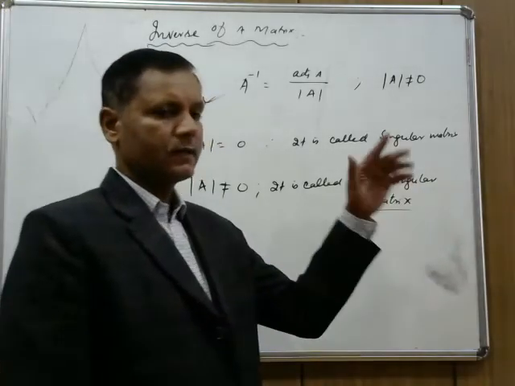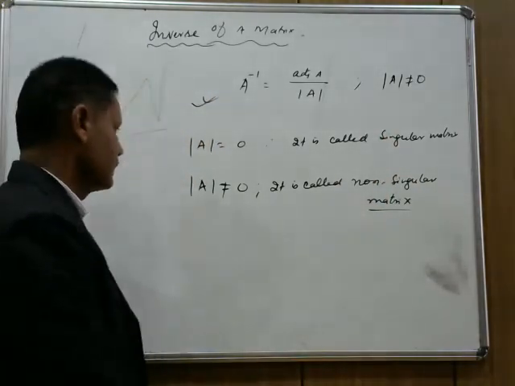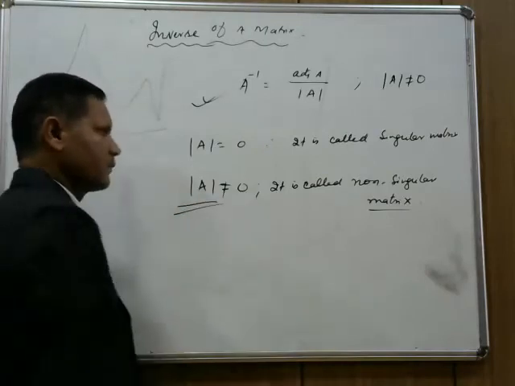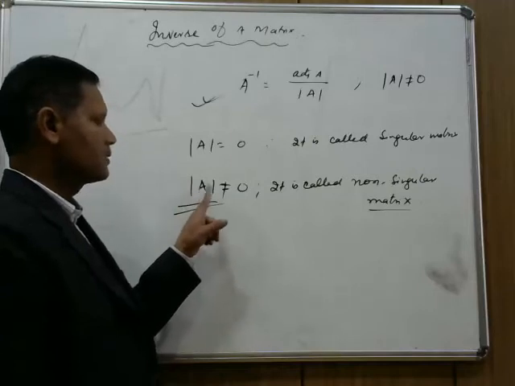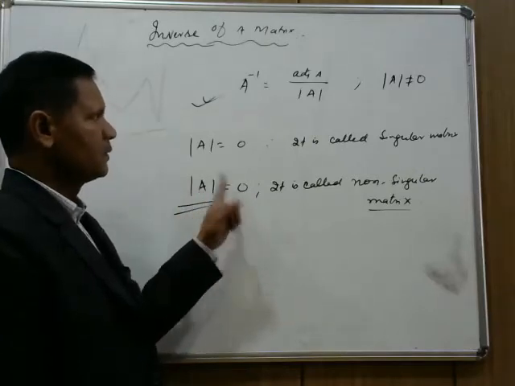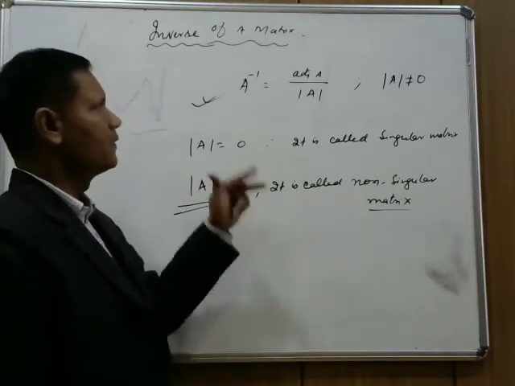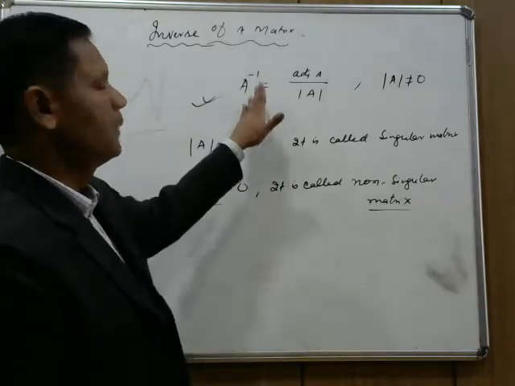That means, to find the inverse, first of all we have to check the value of the determinant. If the value of the determinant is not equal to 0, then only we can find the inverse of that matrix.